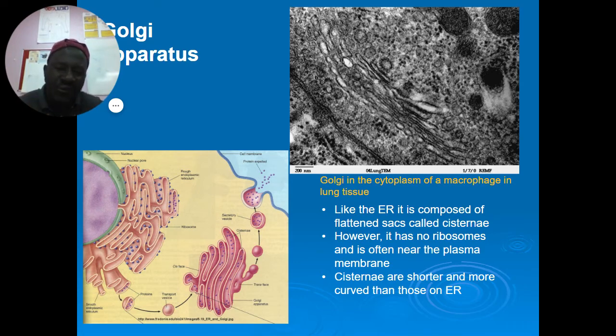So the role of a Golgi body is to transport packaged materials. Let it be proteins or the other parts, which we call the lipids, and then drops them to where they are required. That's the role of the Golgi apparatus.